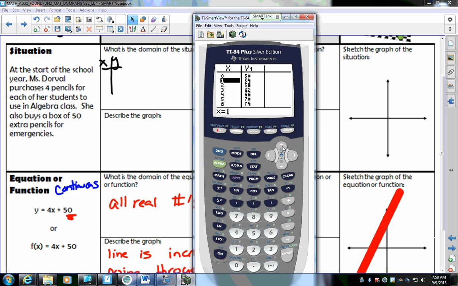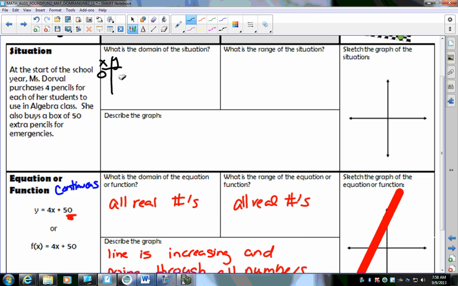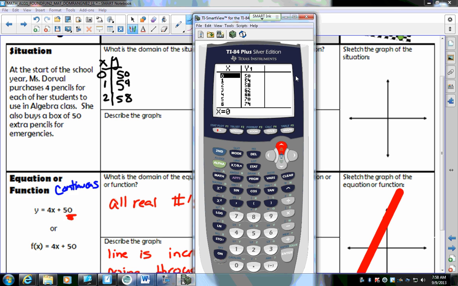I start with 0 because she buys a box of pencils before, and so it's a box of 50. For every student she has, how many more pencils does she add? She adds 4 more pencils, so this will be 54. 2 will be 58. Is that what it says in the calculator? Sure does.